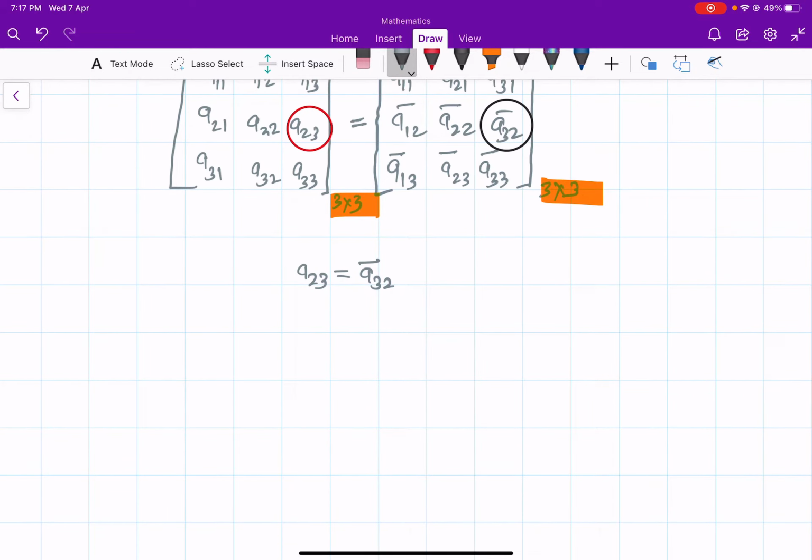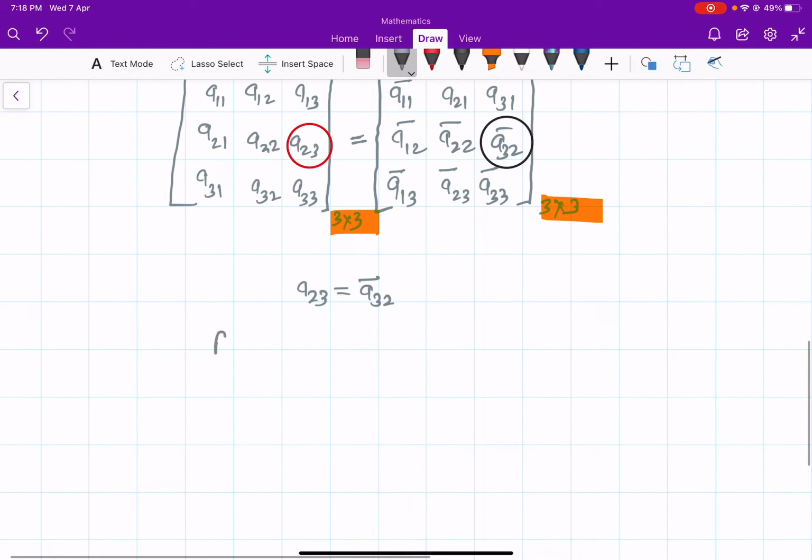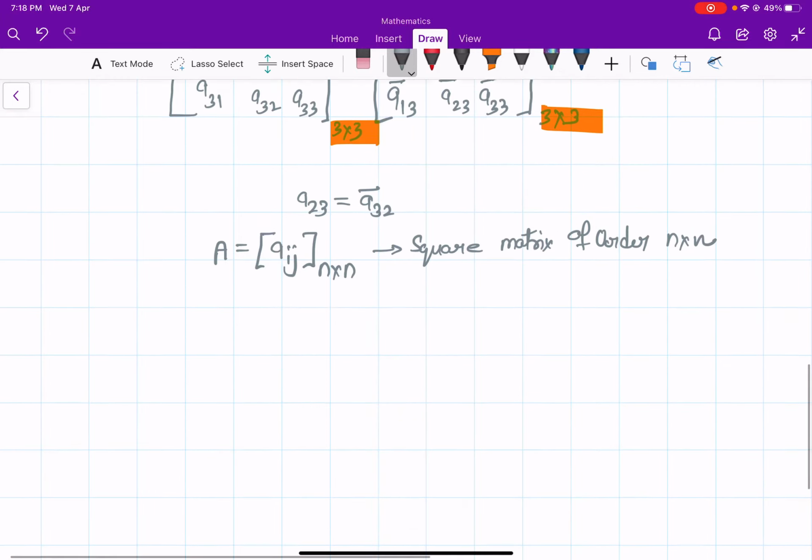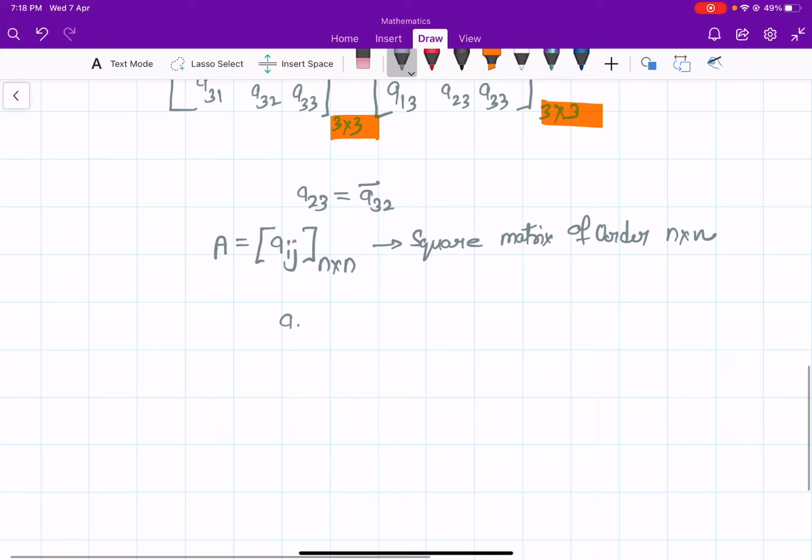So in general we can say, if A is a matrix of elements Aij of order n cross n, that is a square matrix of order n cross n, then Aij will be equal to the complex conjugate of Aji.